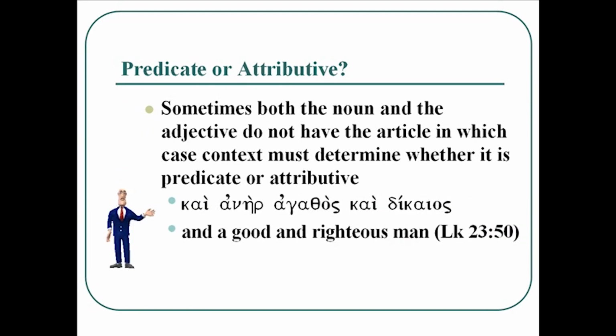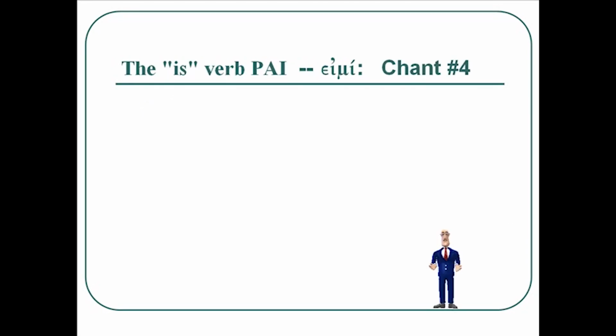For example, kai aner agathos kai dikaios, translated from Luke 23:50, a good and righteous man. But it could also be translated, and a man was good and righteous. But the context pushes it in the direction of an attributive adjective rather than a predicate adjective.